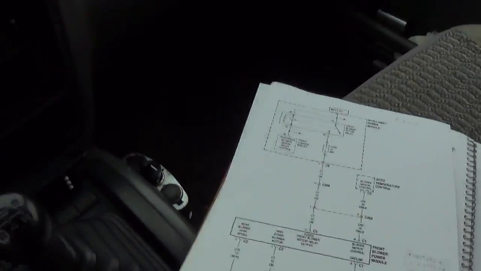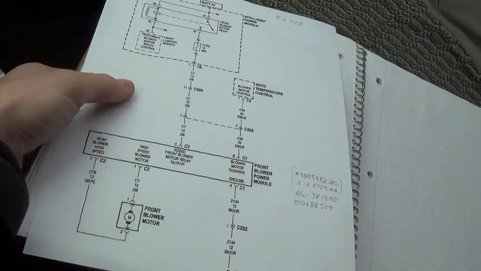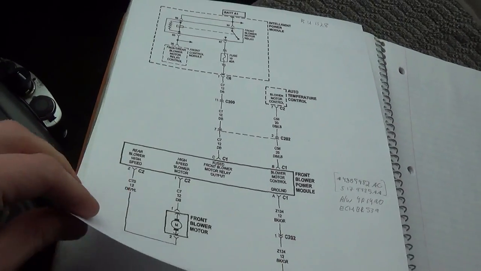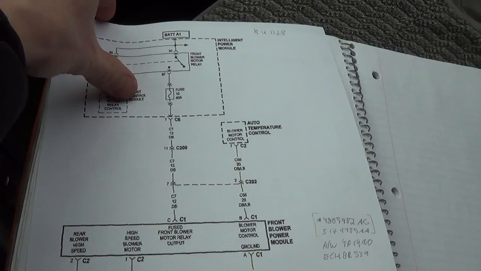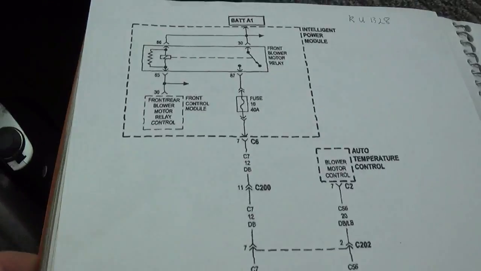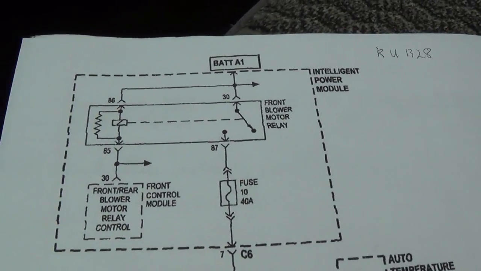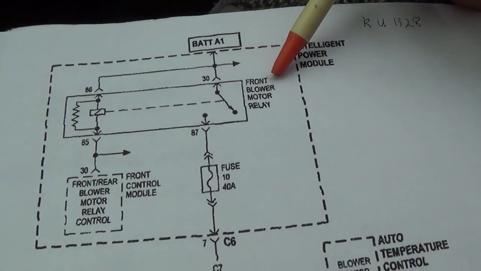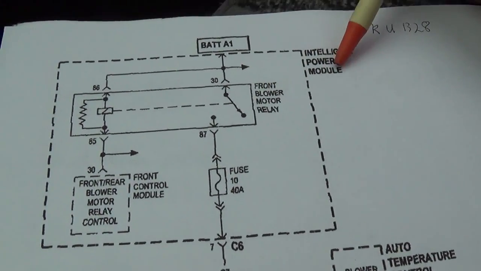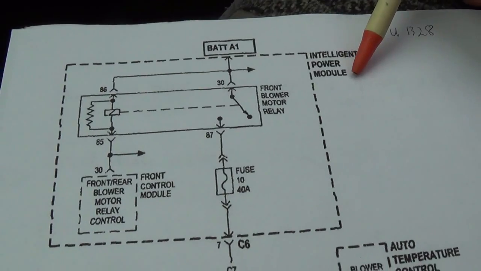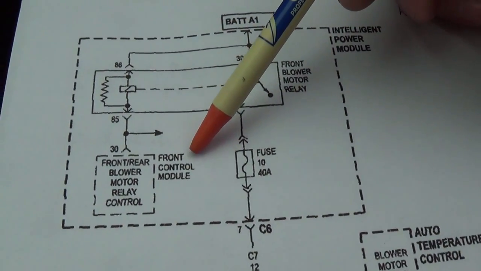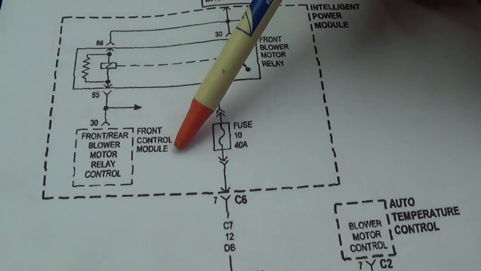So when it comes to diagnosing any electrical circuit, it pays to do your homework ahead of time. So I printed out just one page here of this front blower motor schematic, and let's take a quick look at it. We have a front blower motor relay, and that is in the intelligent power module under the hood. It is controlled by the front control module.